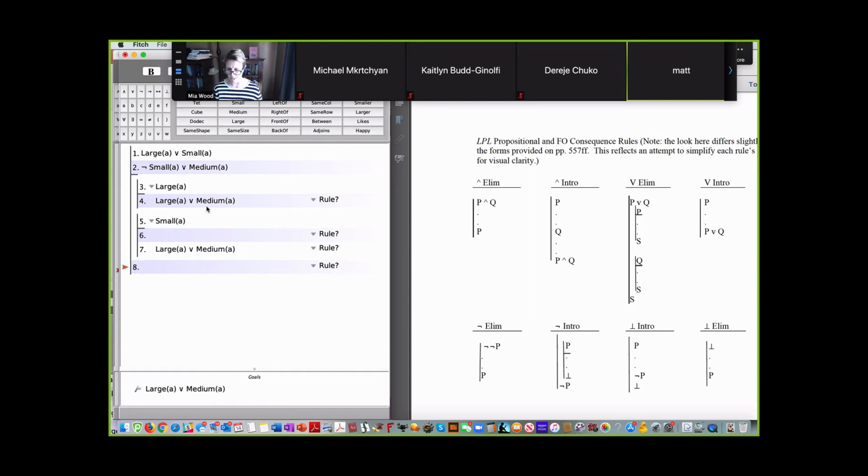Professor? What are you thinking? So when you put that A is small, I don't know if it's obvious, I'm still trying to catch up, but you didn't put the negation in front of it. Is there a reason why? Yeah. Good for you, Matt. So take a look at line 1 and then look at lines 3 and 5.